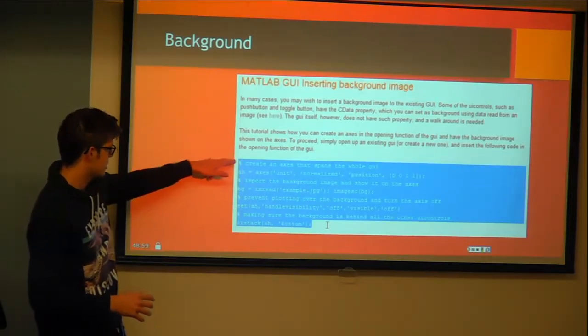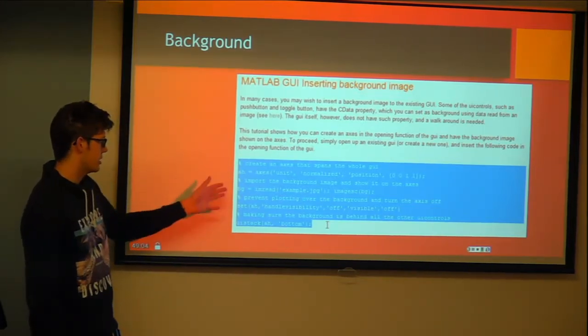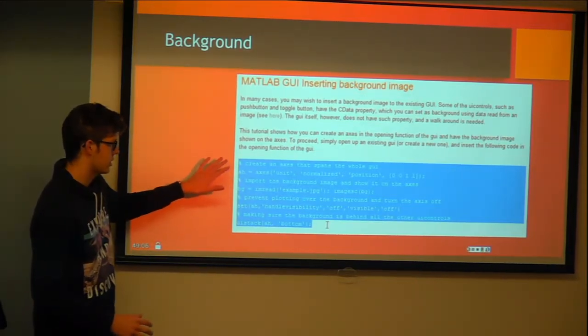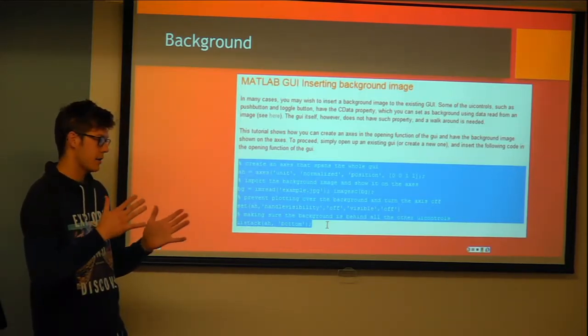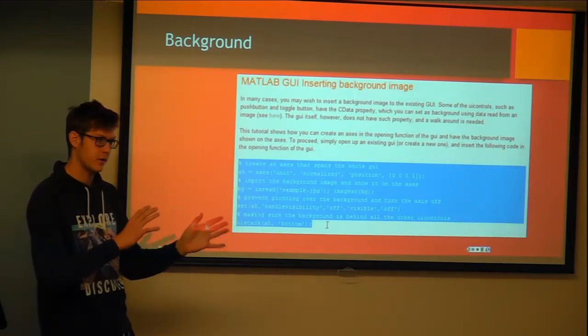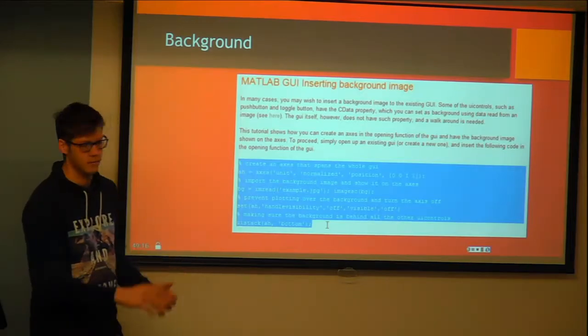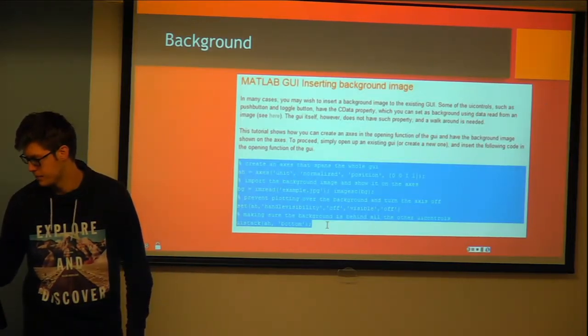Some of these are just instructions along the way. But you put this in, and what these will allow you to do is lay the graph on top of the picture without covering any of the graph. So it adds a different background to the data.